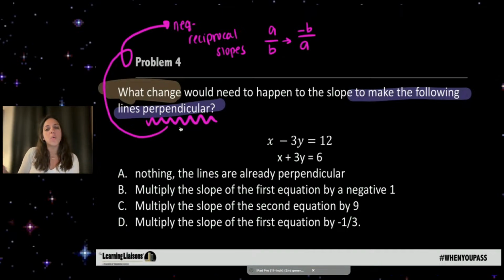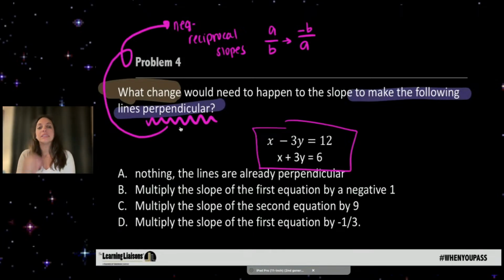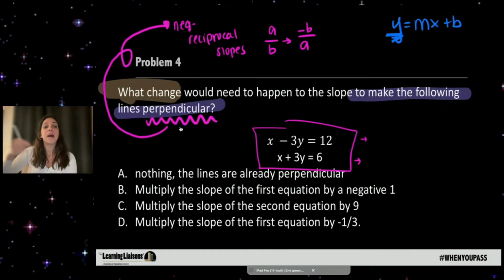Do I know what the slopes of these lines are? I do not, because they are in standard form, which is useless form. It's not helpful. So I need to convert them into slope-intercept form, which means I need it to look like y equals mx plus b, where y is by itself. Now, how do I get y by itself?